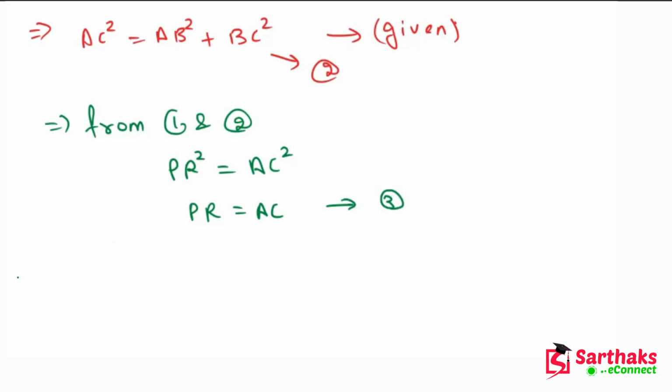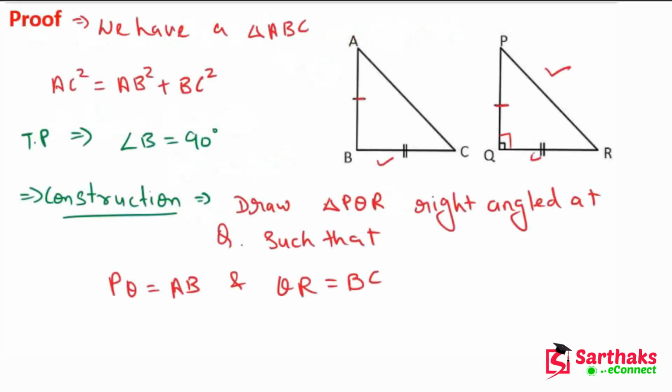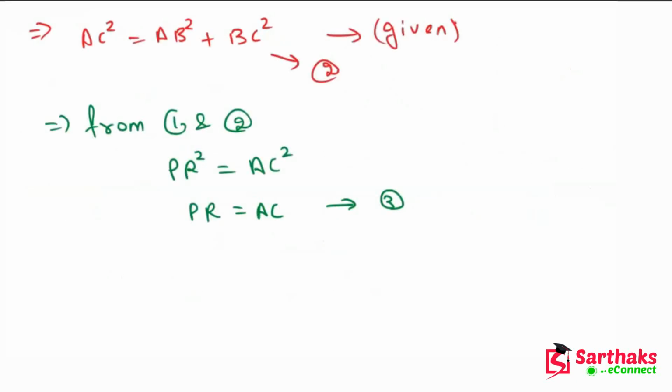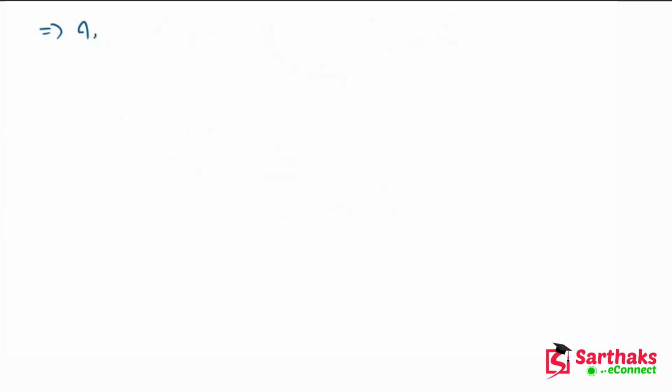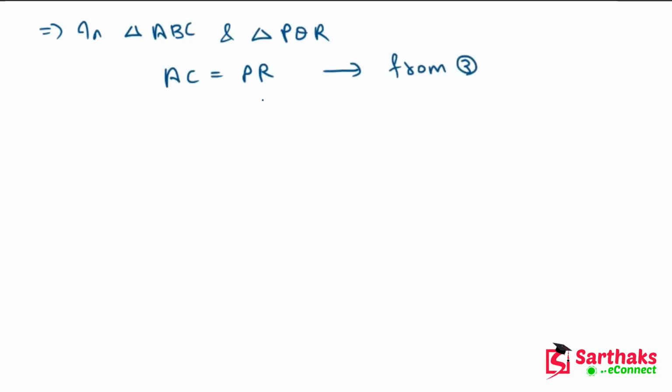So now in triangle ABC and triangle PQR, AC is equal to PR. This is from 3. AB is equal to PQ and BC is equal to QR.